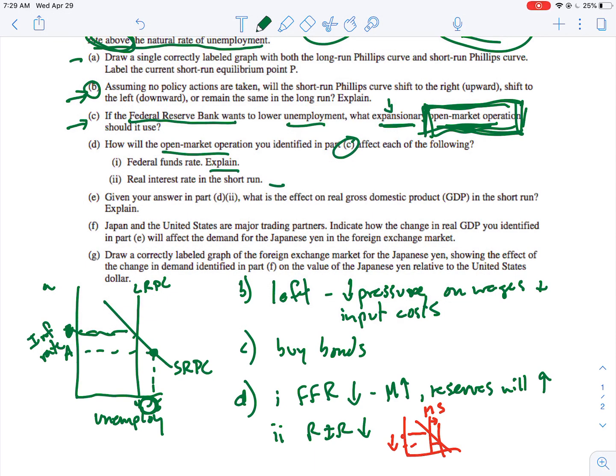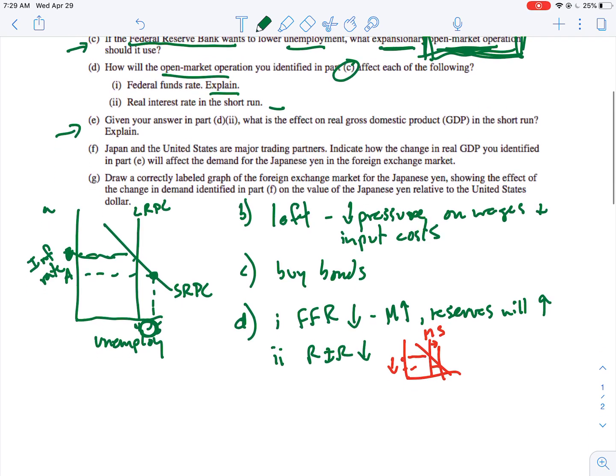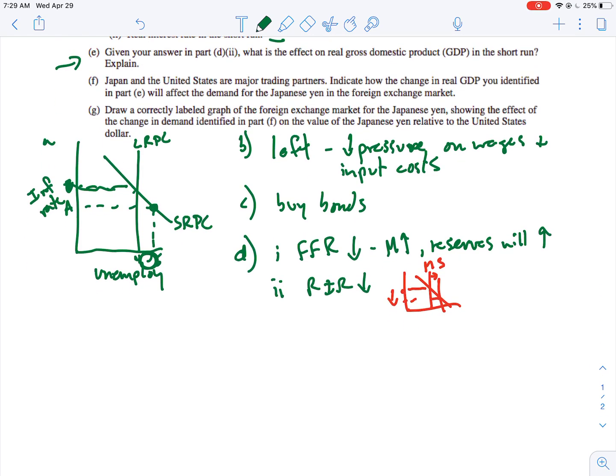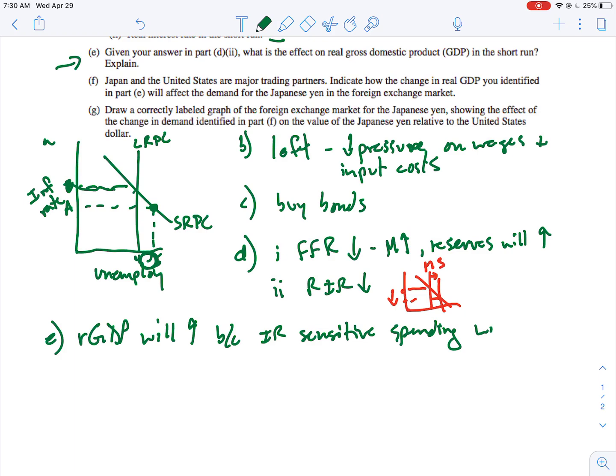Okay, back to E. Given your answer in D2, what will the effect on real GDP be in the short run? Real GDP will rise because interest rate sensitive spending will increase.